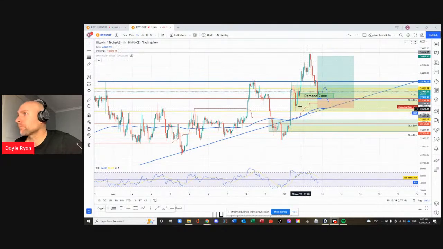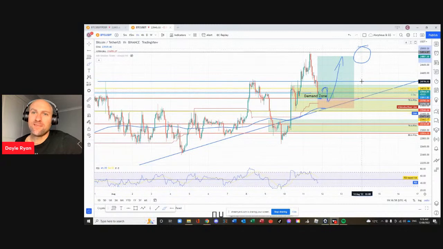I'm expecting a little bit of a bounce to encourage some longs, and then we come down and take those longs out, because they would have moved their stop loss up to the support region once it started to move in the direction they wanted. So then we'll come down, take them all out, hopefully pick up my order, and then we go to the moon, baby. All right, let's see if this plays out for me.